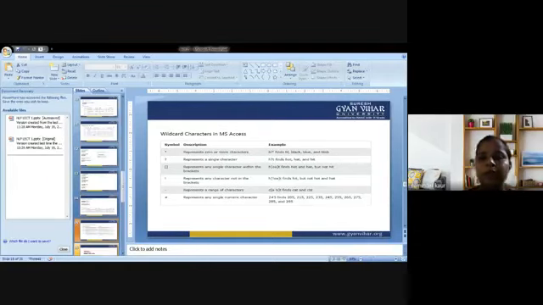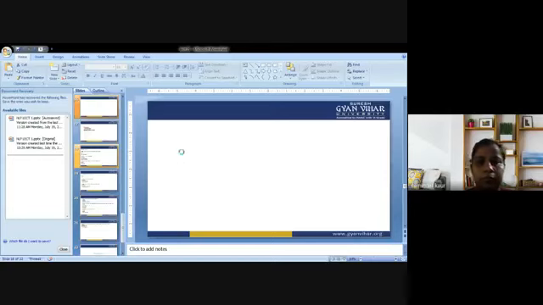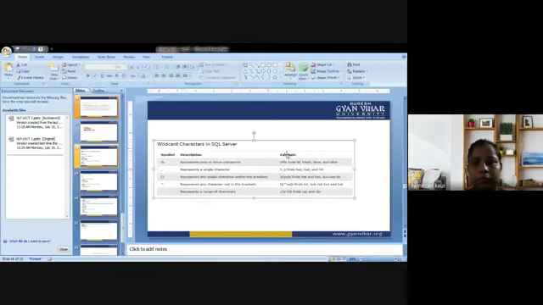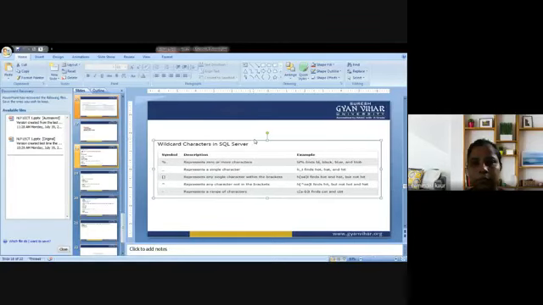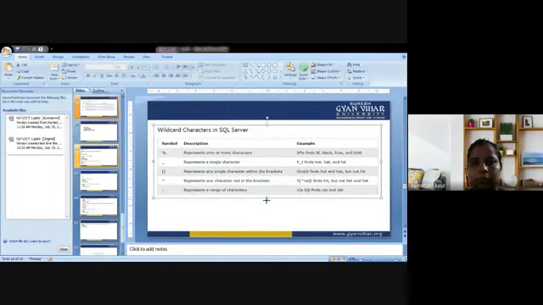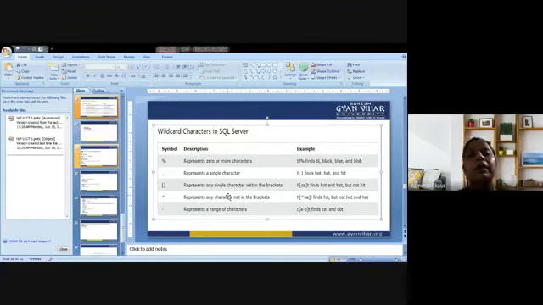Next, we are supposed to deal with wildcard characters in SQL Server. These are the wildcard characters in SQL Server.